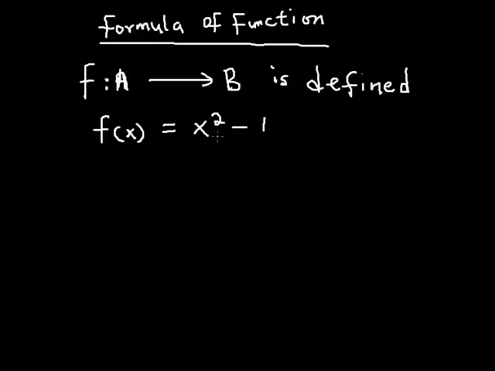So it's defined by x squared minus 1. With this formula, you can build the rule of correspondence of the function. Which simply means that with this formula, I can now build my set.